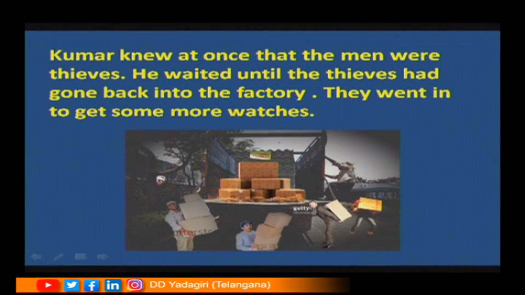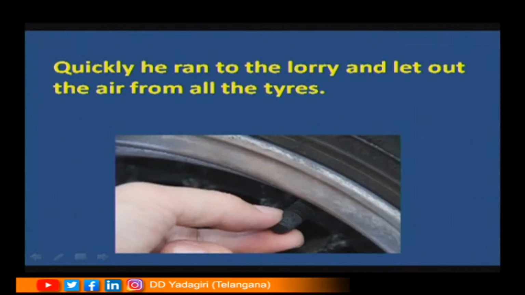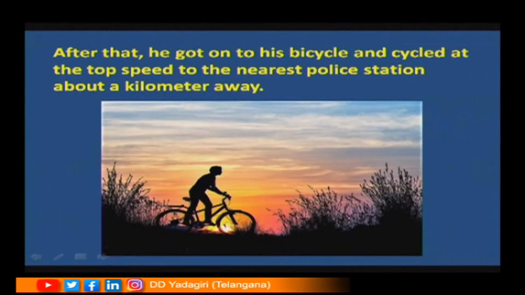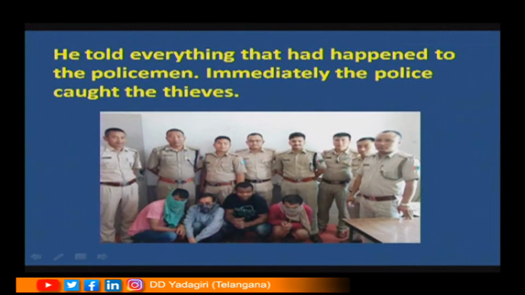They went in to get some more watches. Quickly he ran to the lorry and let the air out of all the tires. After that, he got onto his bicycle and cycled at top speed to the nearest police station, about a kilometer away. He told everything that had happened to the policeman. Immediately, the police caught the thieves.